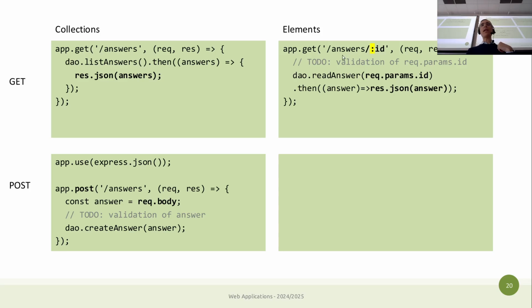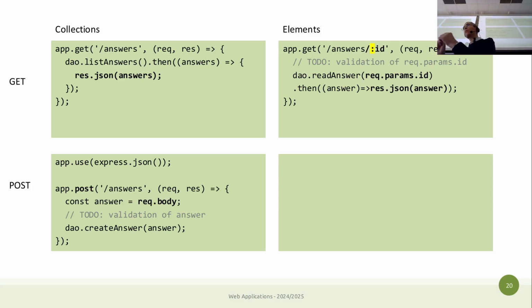Get for the element: get /answers/:id. So when we receive a request for answers/3, this 3 is automatically put by Express in req.params, and we can use it. We can pass it to a function that goes into the database and does an SQL query, select, etc., where answer ID equals question mark.